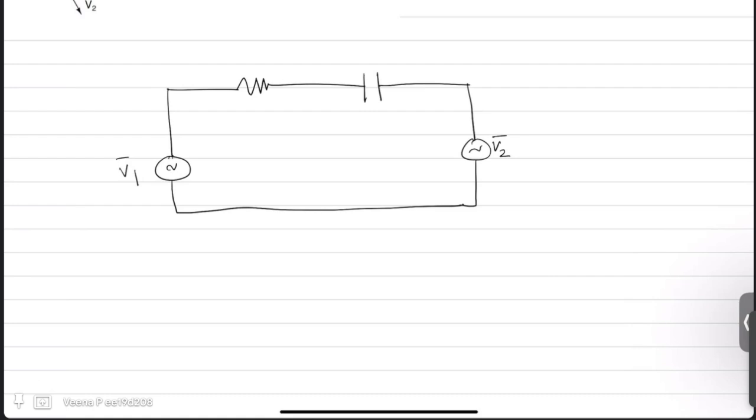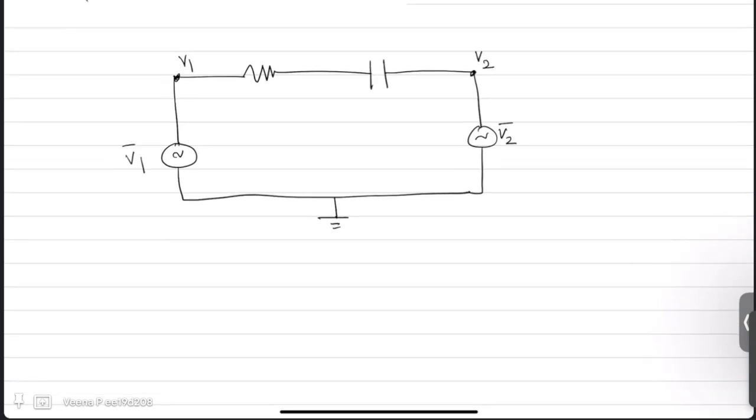Now if V1 and V2 are there and if we ground this point, then at this node the potential is V1 and at this node it is V2. Essentially the potential across the resistor and capacitor is V1 minus V2.